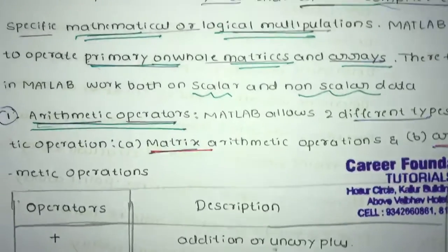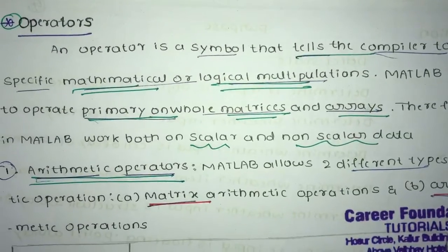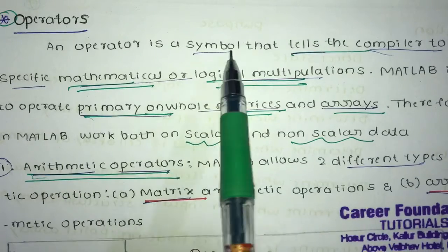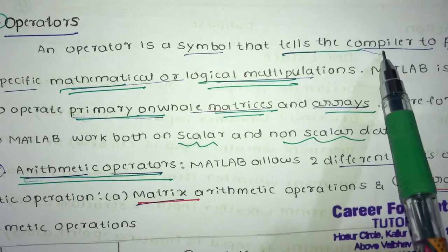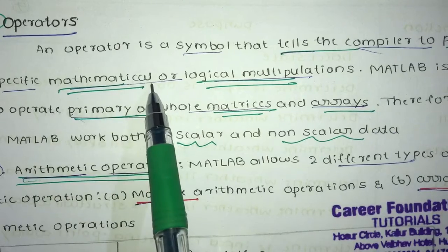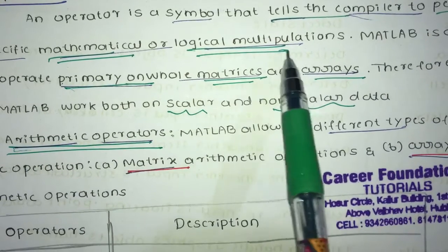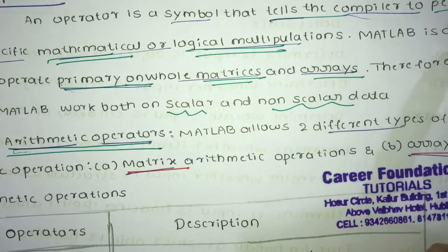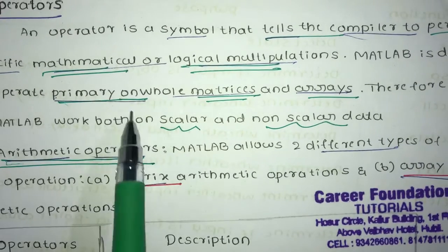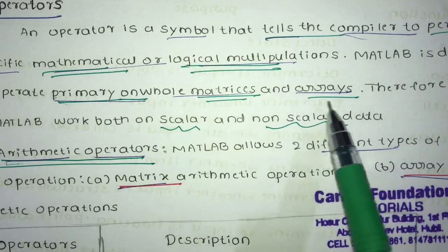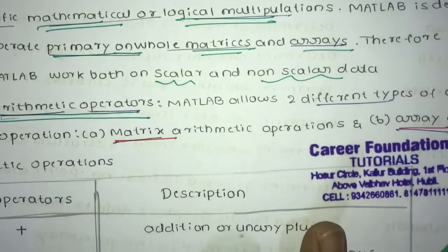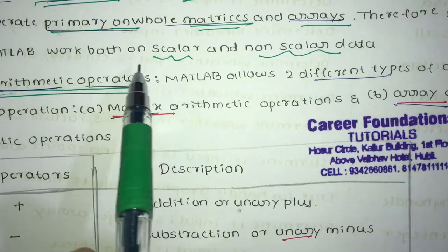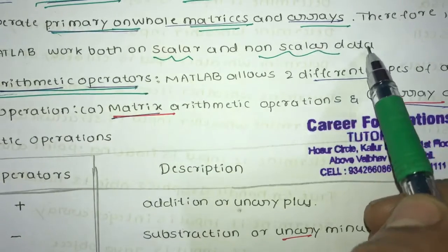And next we have operators. An operator is a symbol which tells the compiler to perform specific mathematical or logical operations or computations. MATLAB has been designed to operate primarily on whole matrices as well as arrays. Therefore, the operators in MATLAB work on both scalar as well as non-scalar data.